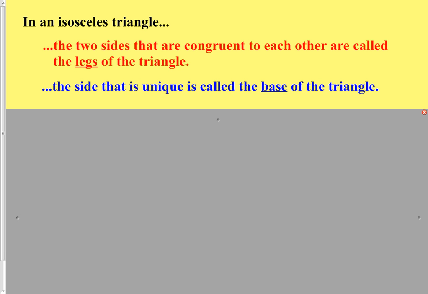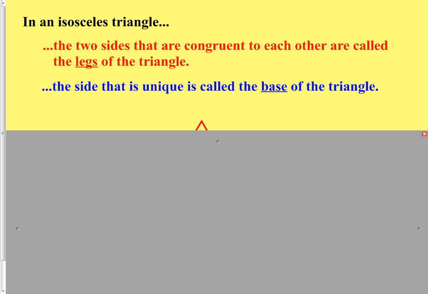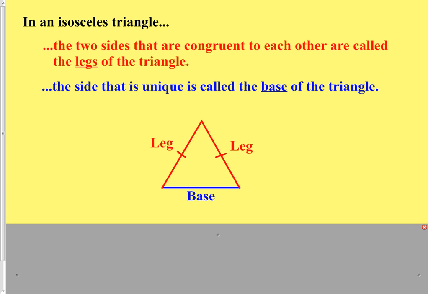And the third side, the side that is unique, the one that's different from the others, is what we call the base of the triangle. You may have heard this vocabulary before. If so, that's good, just a review. And there is a possible example of what an isosceles triangle might look like using the vocabulary of legs and base.